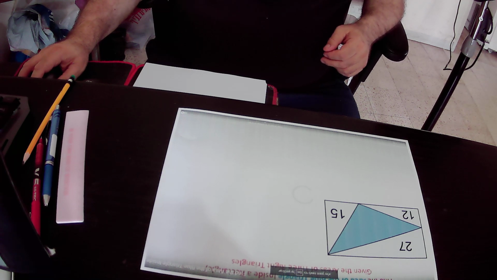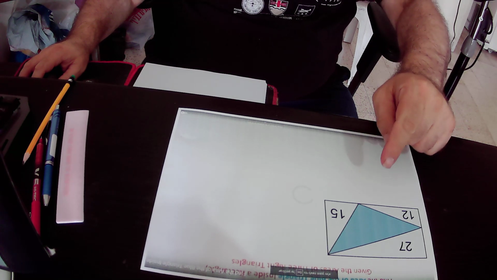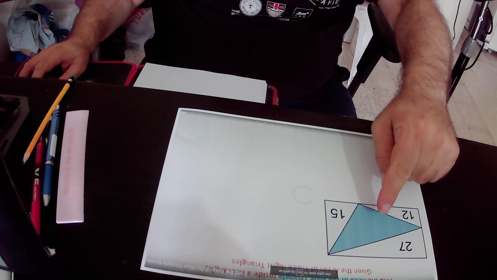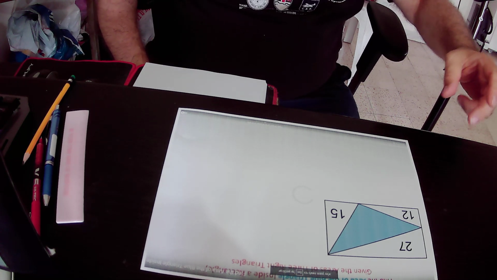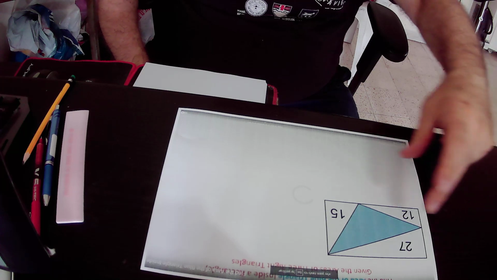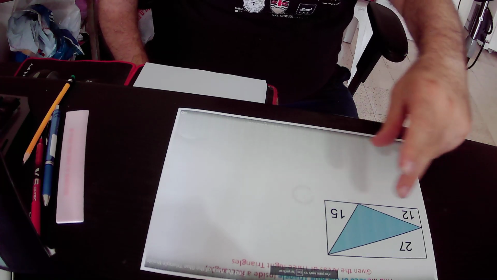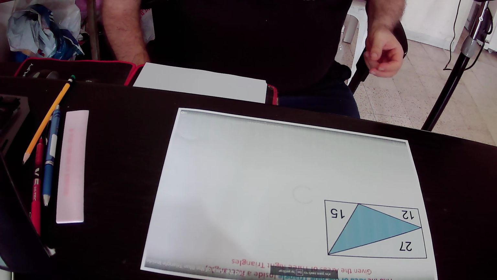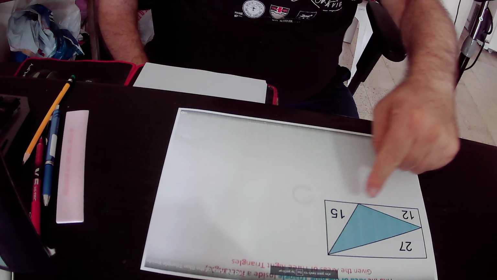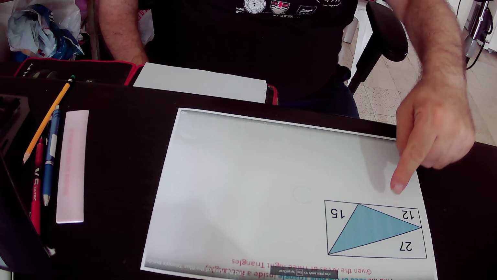Hello, in this lecture we will find the area of the blue triangle. As you can see in the drawing, we have a rectangle, and the rectangle contains three right triangles and also the blue triangle.